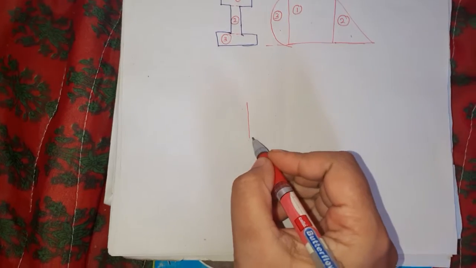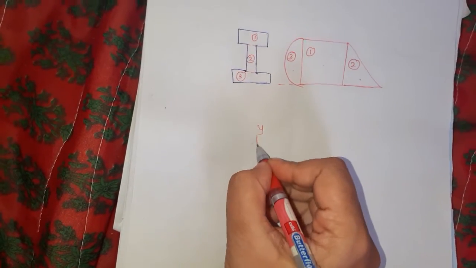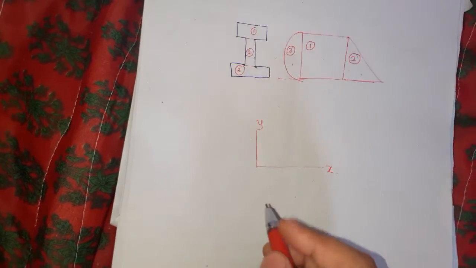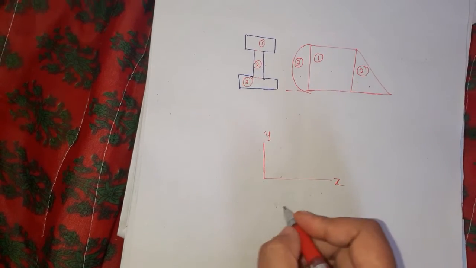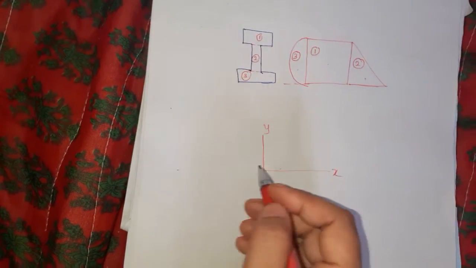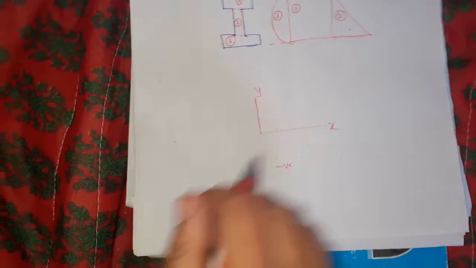As you know, we have selected the left bottommost corner; this is the x-axis and this is the y-axis. If the figure is below this x-axis, you will get a negative centroidal distance. If it comes beside this y-axis also, you will get a negative value.